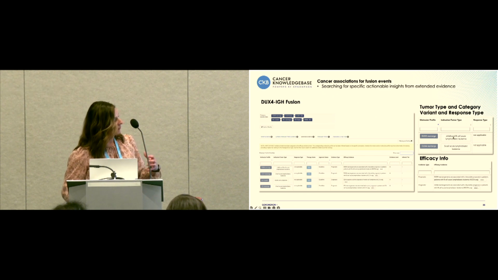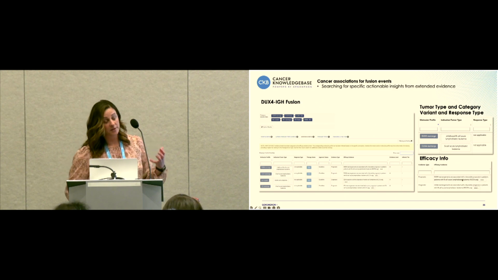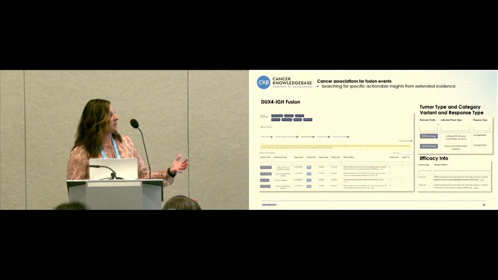And so if we look over here to the right, we can see DUX4, childhood B-cell acute lymphoblastic leukemia. And then if we look down below, you can see that specific prognostic information. Patients with this fusion actually have a favorable prognosis, so perhaps in this case, treatment could be changed in terms of that prognostic information.